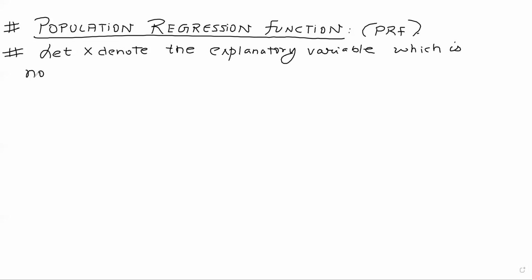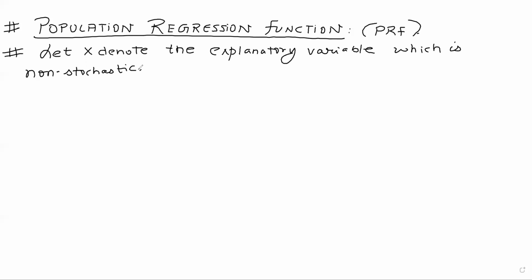Now students should be familiar with these terms. What is meant by non-stochastic? A non-stochastic variable is one which has no probability distribution attached to it. Basically, a variable which is taking fixed values is a non-stochastic variable.